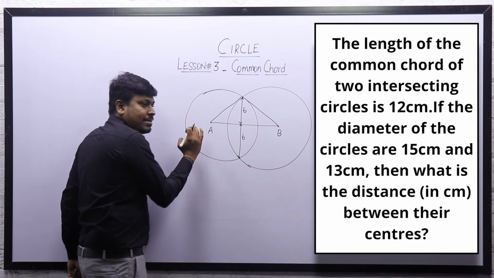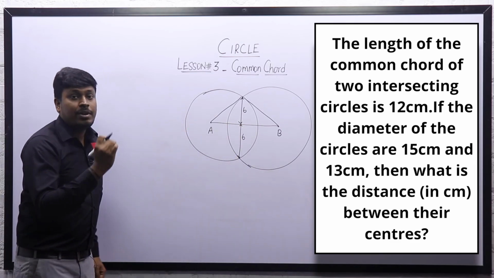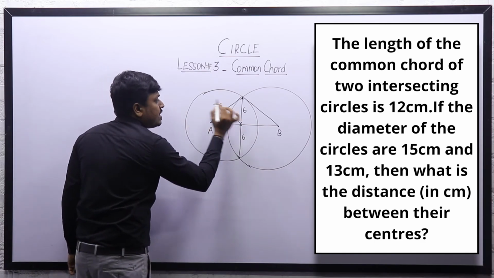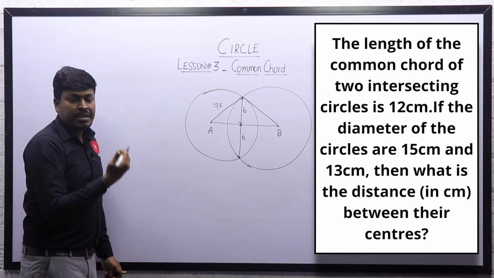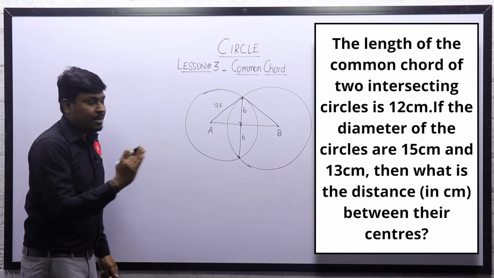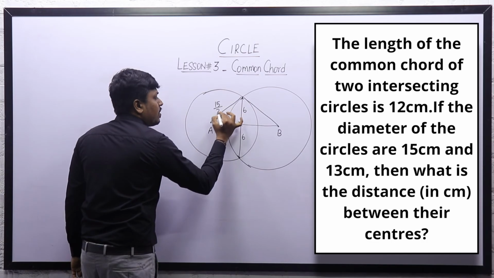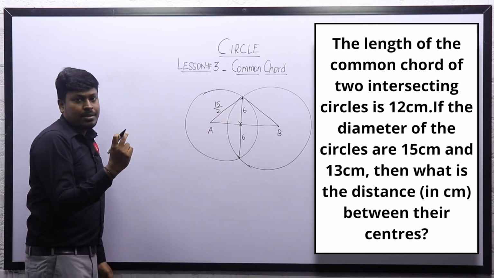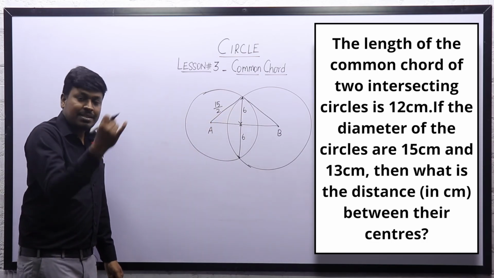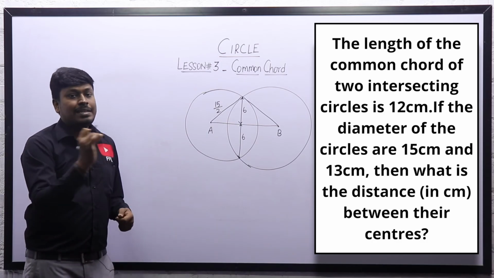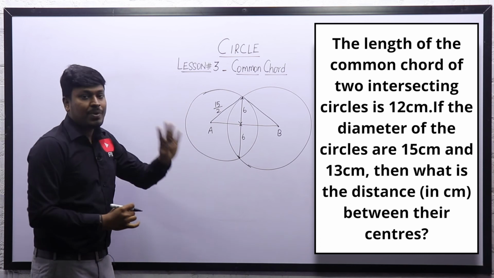What about the radius? 15 divided by 2 is 7.5. Most of the students will write 7.5 centimeter here and start solving the question. Kindly don't do like that, right? Keep the answer as 15 by 2 as it is, because the diameter is 15 centimeter. So radius will be 15 by 2, which is 7.5 logically. But don't take it as 7.5. Don't go with the decimal values. Keep 15 by 2 as it is.